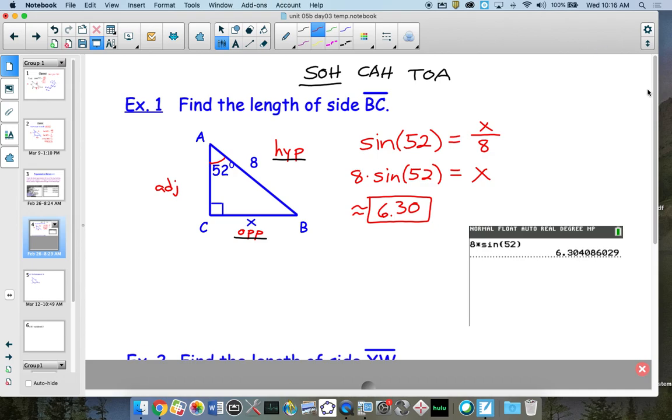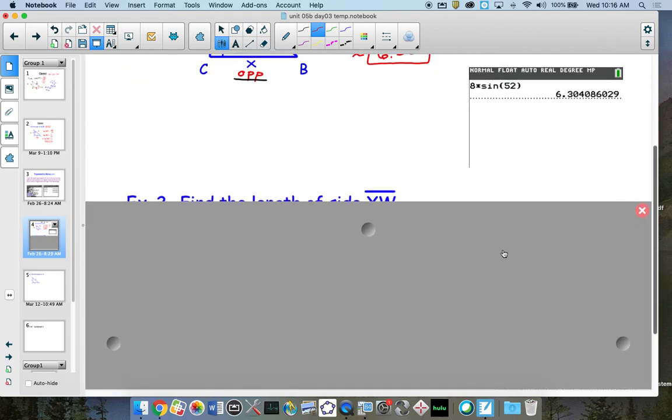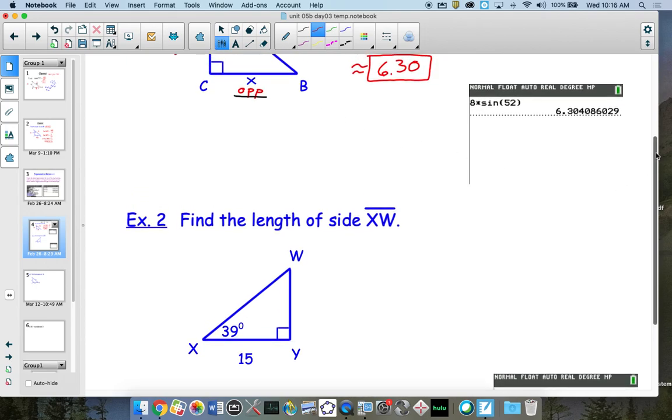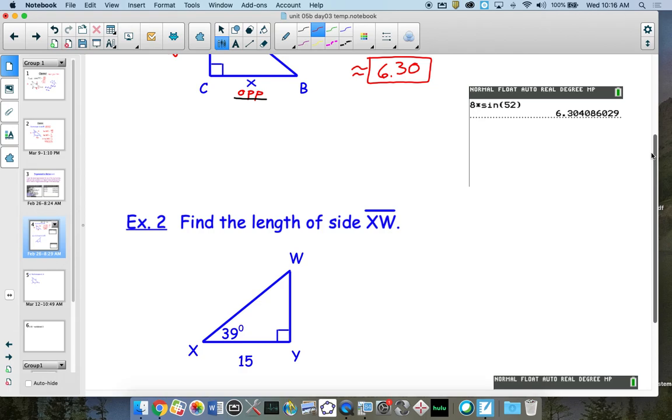All right, let's try another example. No peeking. Find the length of side XW. This is a good place where maybe you want to hit pause and try this yourself, and then come back and play and see if you got it right.